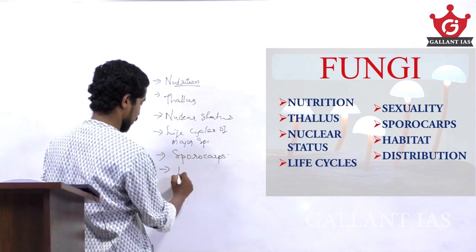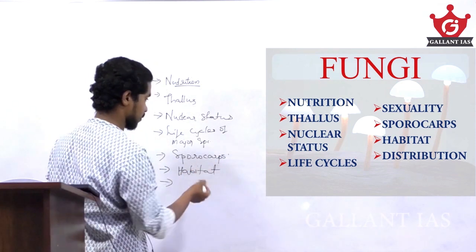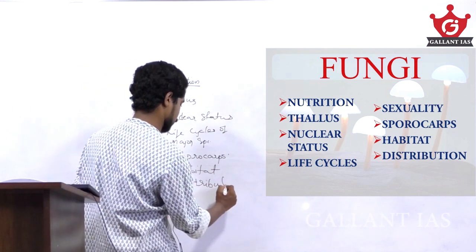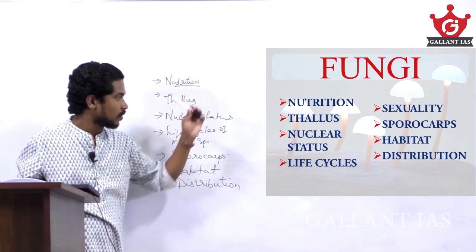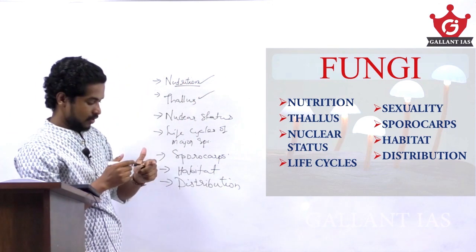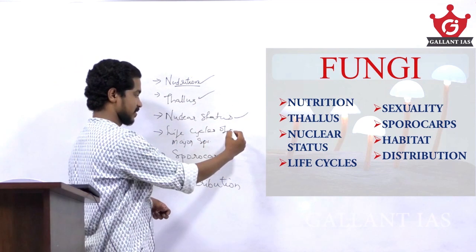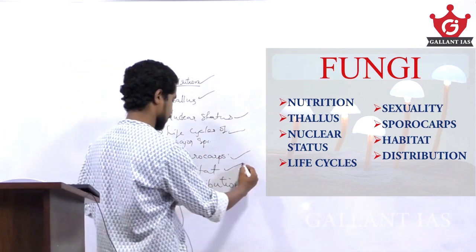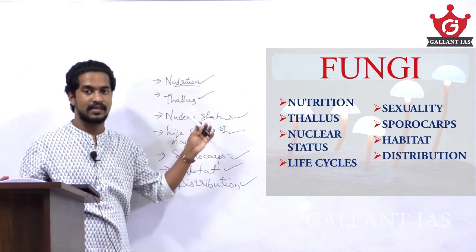And next is the habitat and the distribution. So the nutrition of fungi, their thallus structure and their nuclear status, life cycles of major species, and sporocarps, habitat, and their distribution. So these are the things we are discussing under fungi.